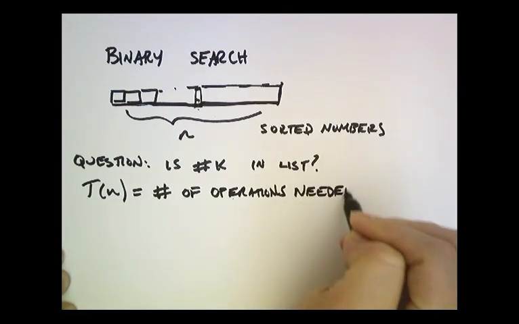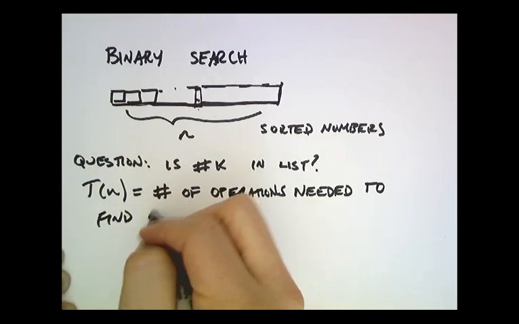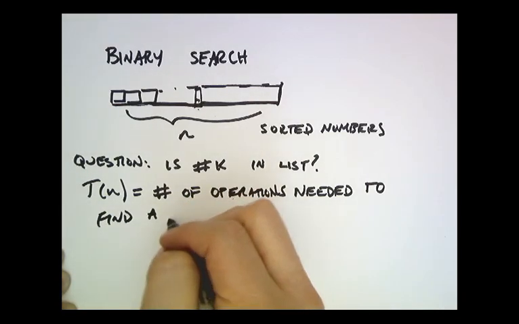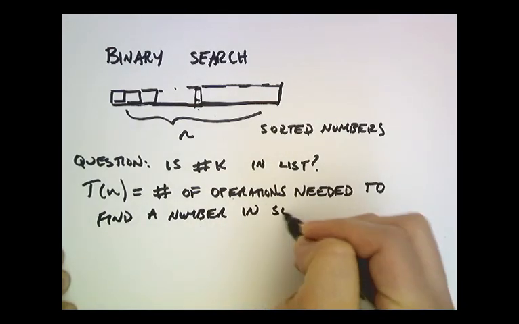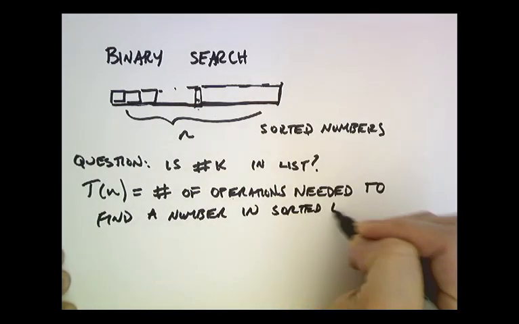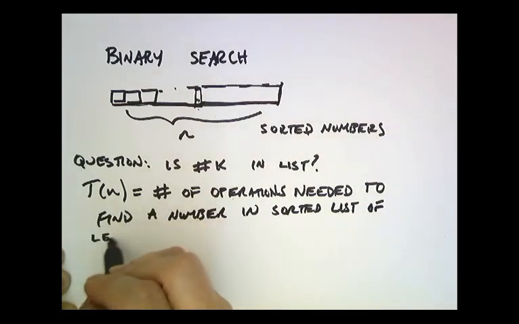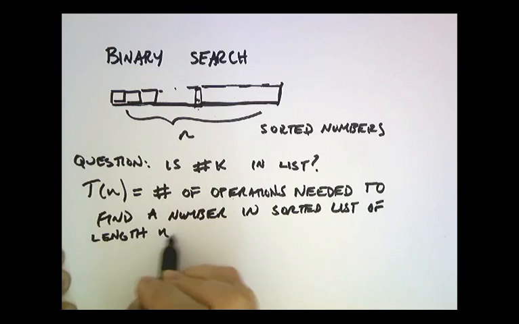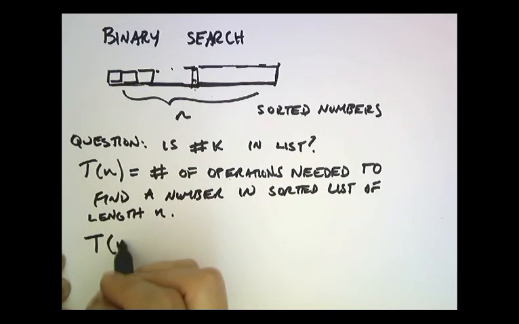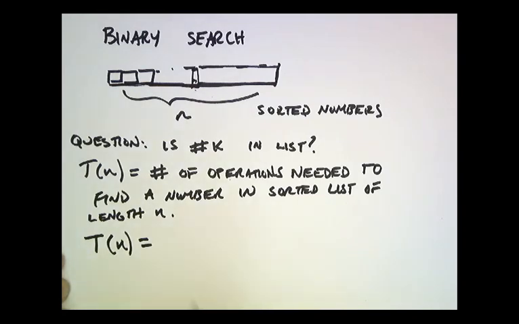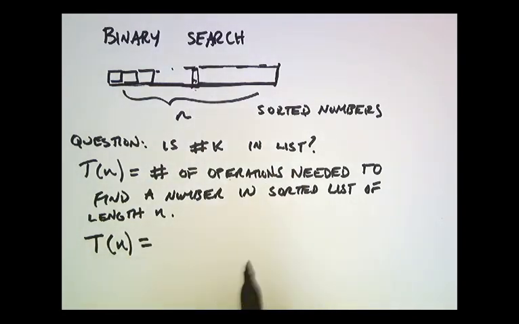needed to find a number in a sorted list of length n. So if we use binary search, T of n is going to be, well, we need to look at one element of the array.